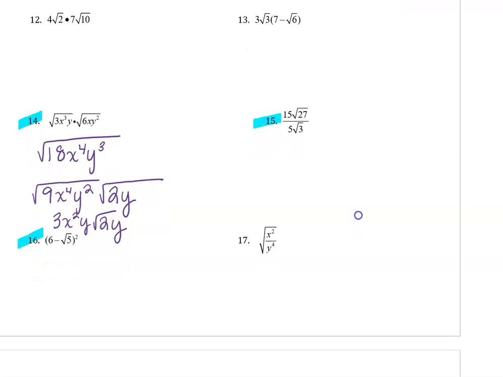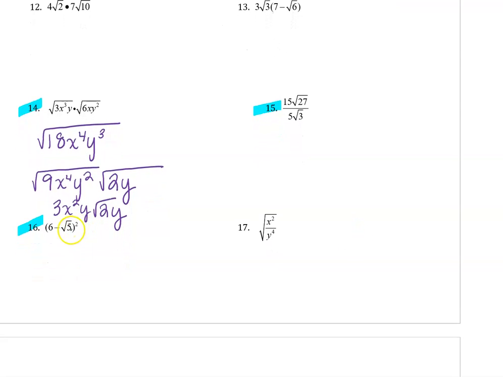For number 16, make sure anytime you see a binomial, so that's two terms combined with either an addition or a subtraction sign, when I have this being squared, I write this out twice, and then I FOIL. So first gives me 36.